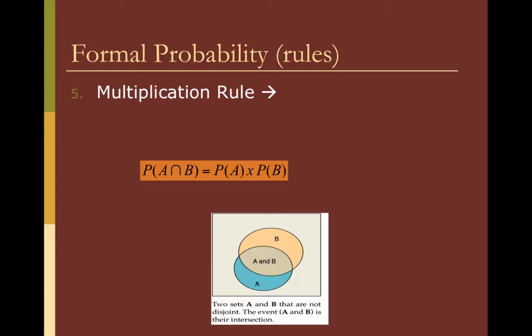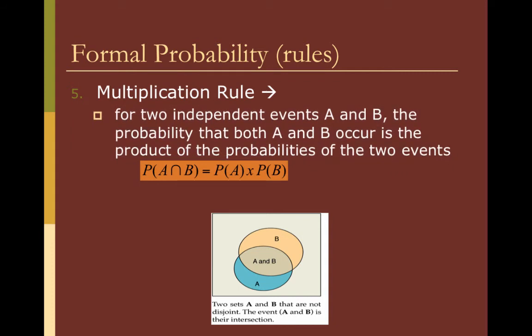The fifth rule is the multiplication rule. For two independent events, and again, the fact that they are independent is extremely important here. And again, independence means that one outcome will not affect the other outcome. So event A will have no effect on event B. For two independent events, A and B, the probability that both A and B occur is the product of the two events.